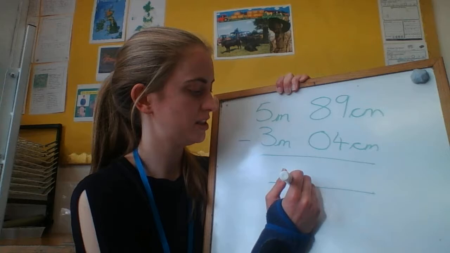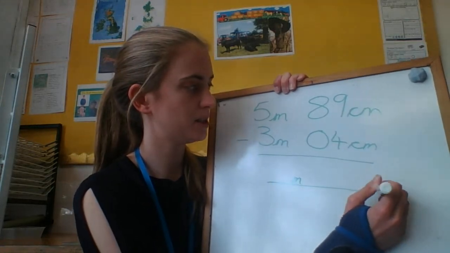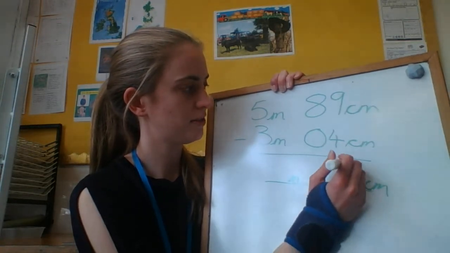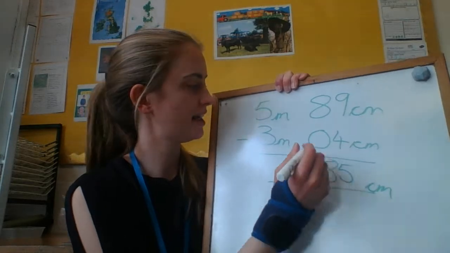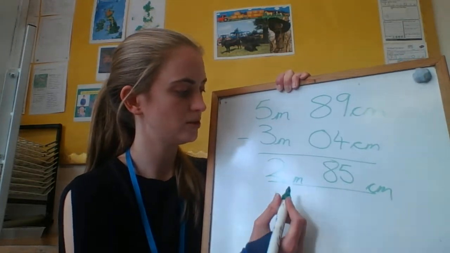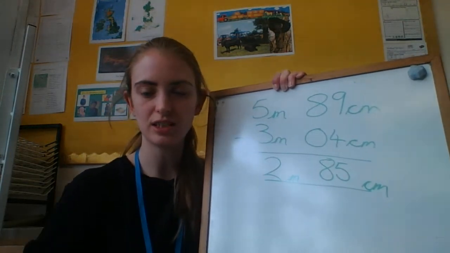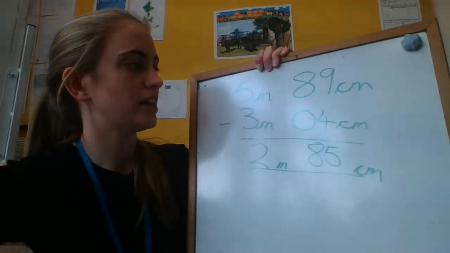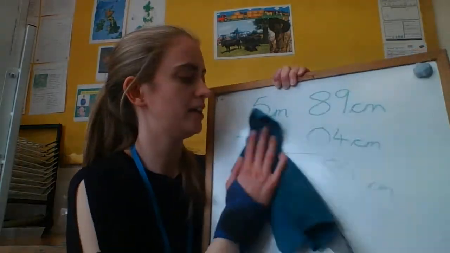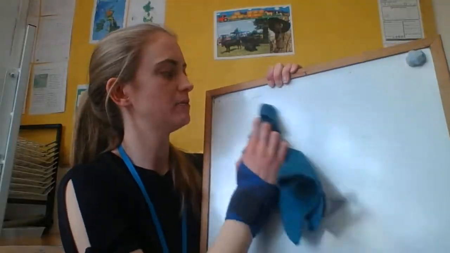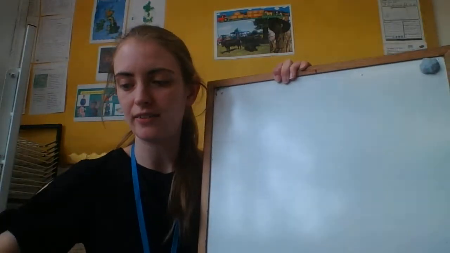Okay, and I'm putting this in the units of metres and centimetres. 9 take away 4 is 5, 8 take away 0 is 8, and 5 take away 3 is 2. 2 metres, 85 centimetres.